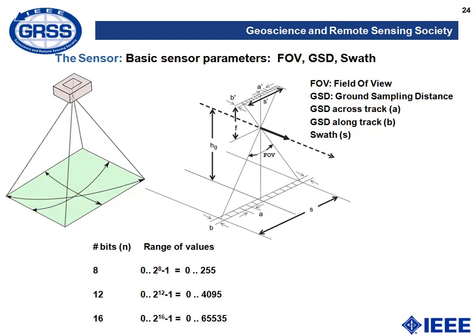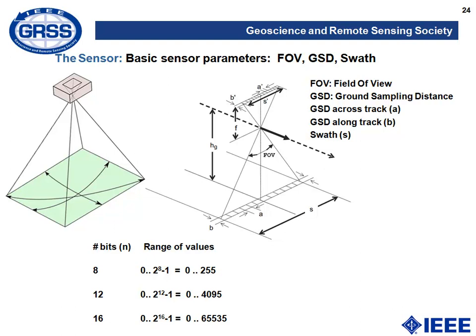Talking about the sensor means talking about basic parameters like field of view and ground sample distance, as well as the dynamic range, or the range of values that this radiative detecting level can be transformed into digital numbers: 8 bits, 12 bits, or 16 bits.